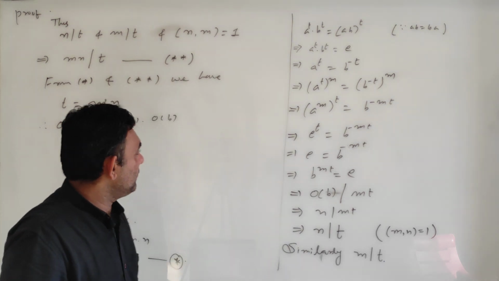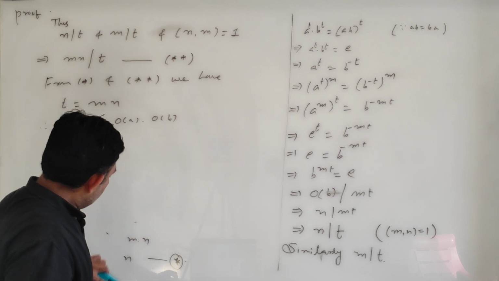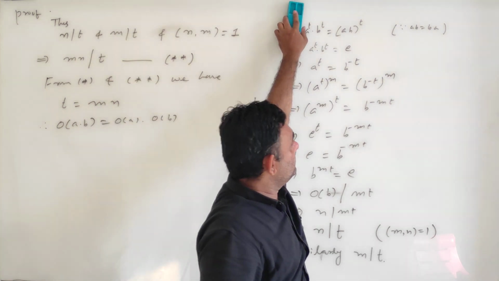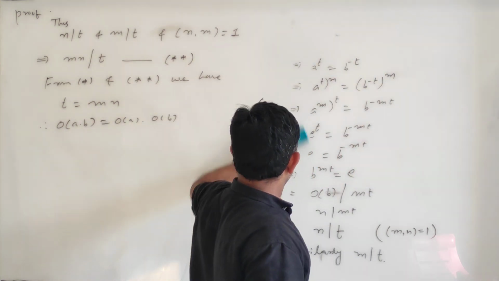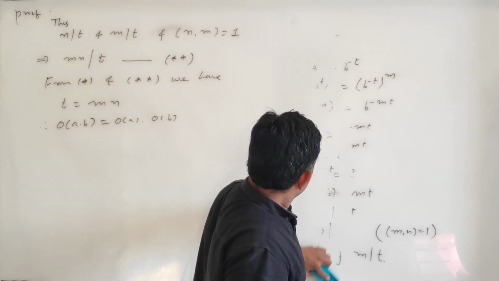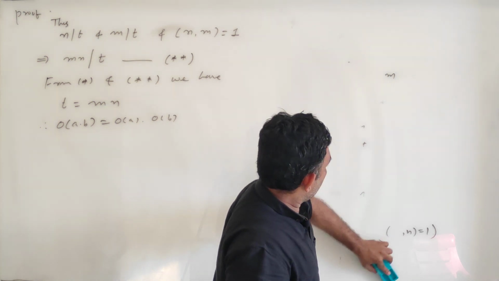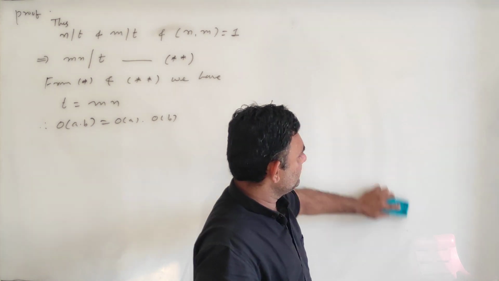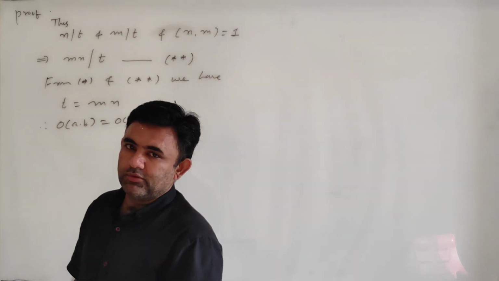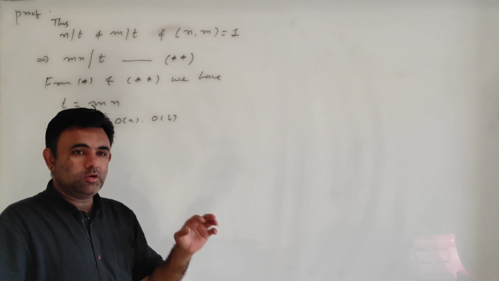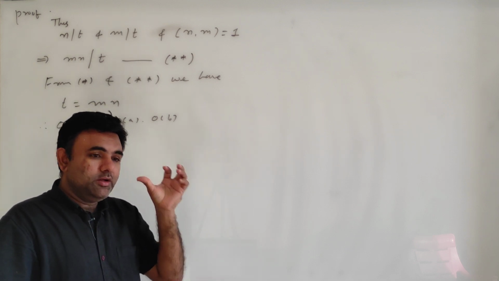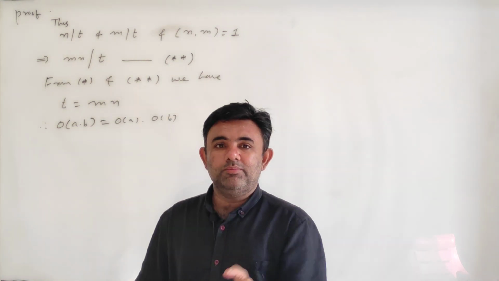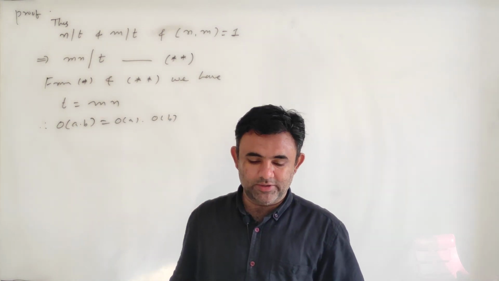You can find examples in which, if you drop at least one condition, then you will not get order of AB equal to order of A into order of B. So commutativity of A and B is required. For order of AB to equal order of A into order of B, you need A and B to commute. That is one of the required conditions.